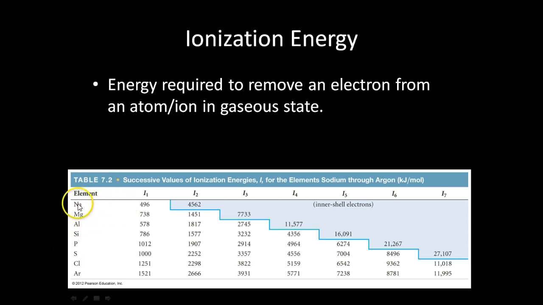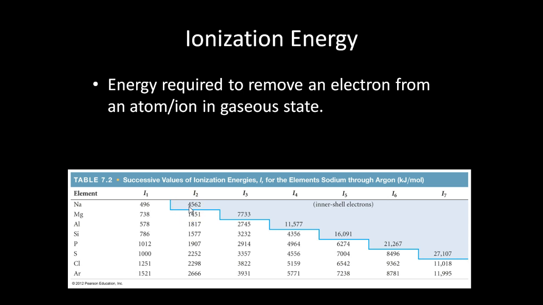So notice that for sodium, the first ionization energy is about 496 kilojoules per mole. That's to remove the first electron from a sodium atom. If you have a sodium plus 1 ion, to remove another electron to become sodium plus 2, the energy required increases by almost tenfold.